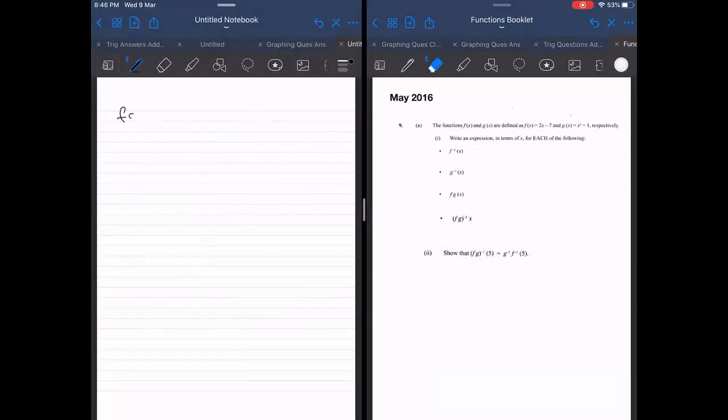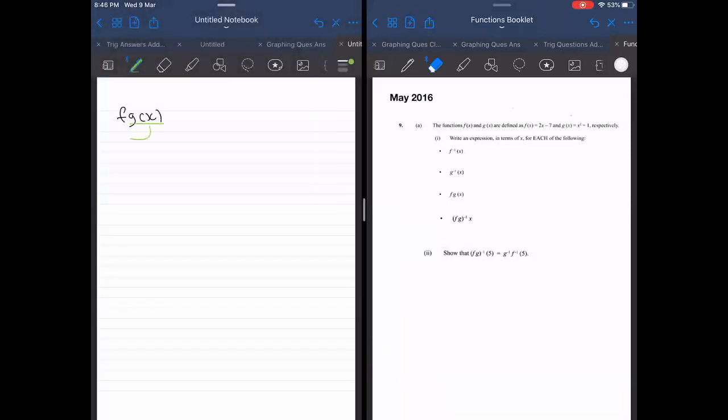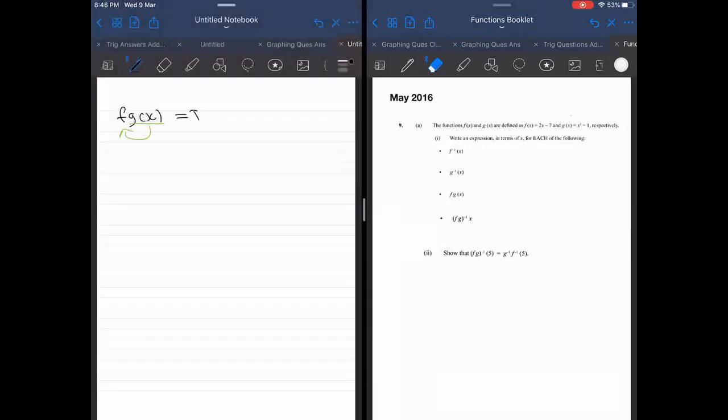All right, so f of g of x, you just know you're going to put g of x into f. For f g inverse of x, right?